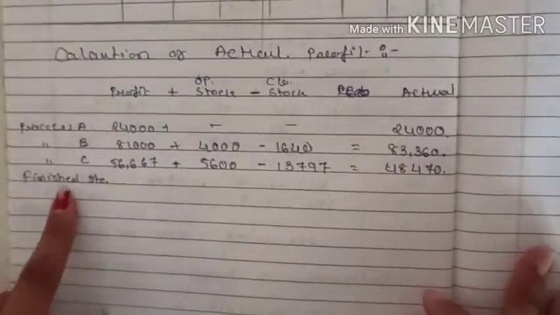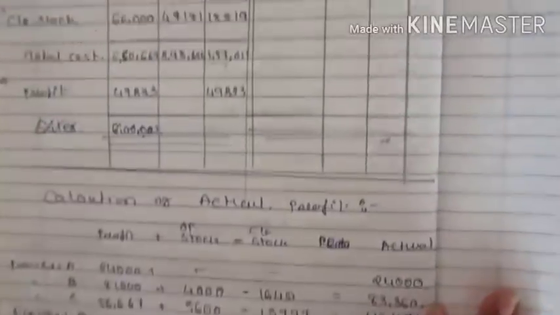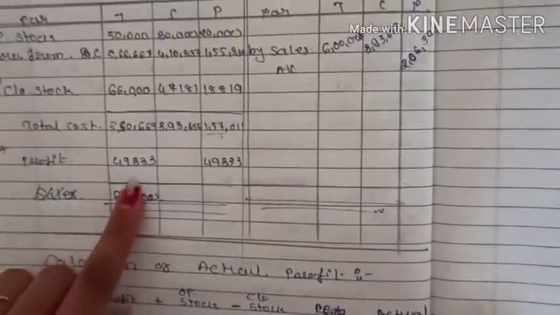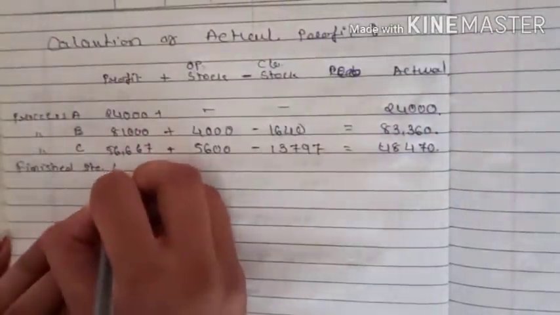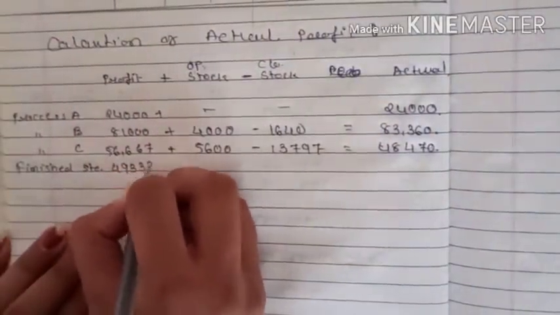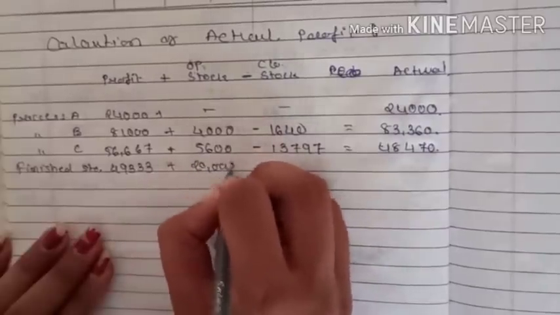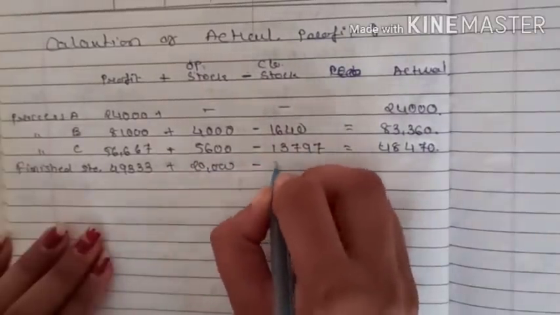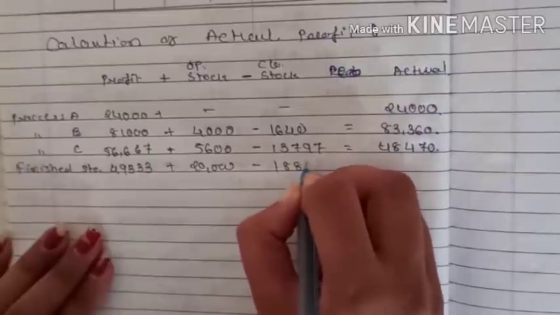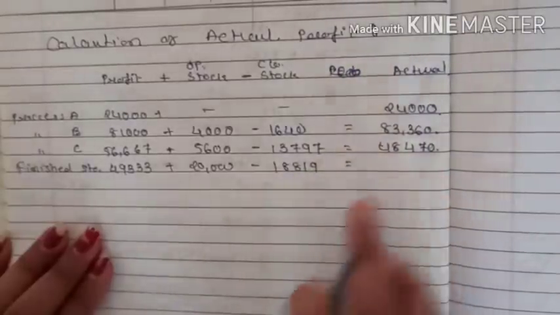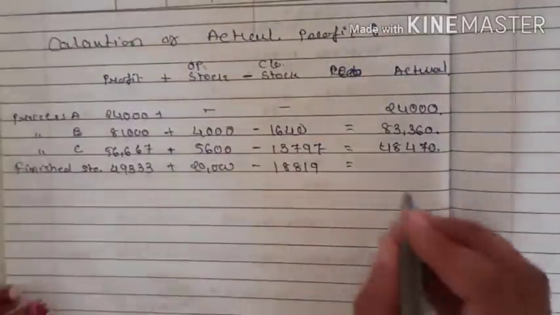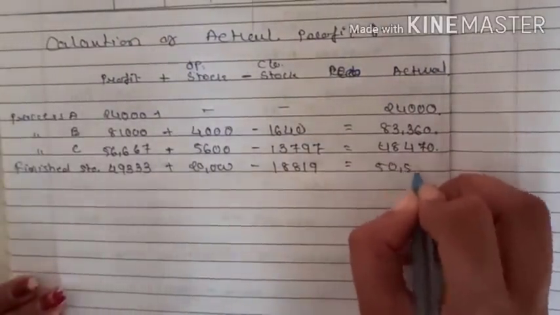Right? For the finished stock, actual profit is 49,333 plus opening stock profit 20,000 minus closing stock profit 18,890. Actual will be 50,540.